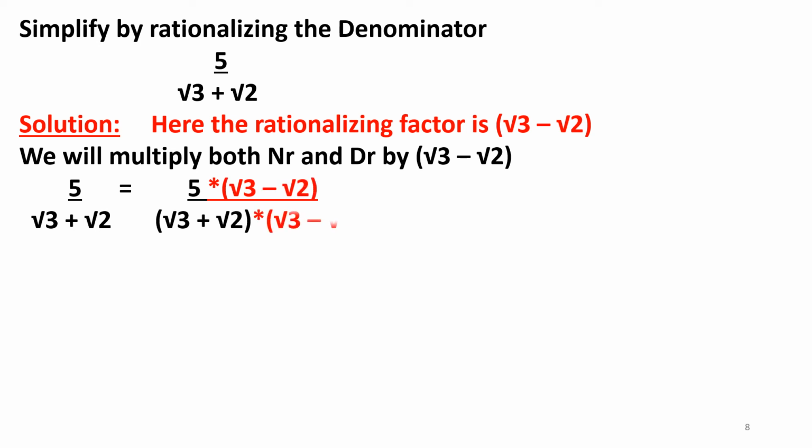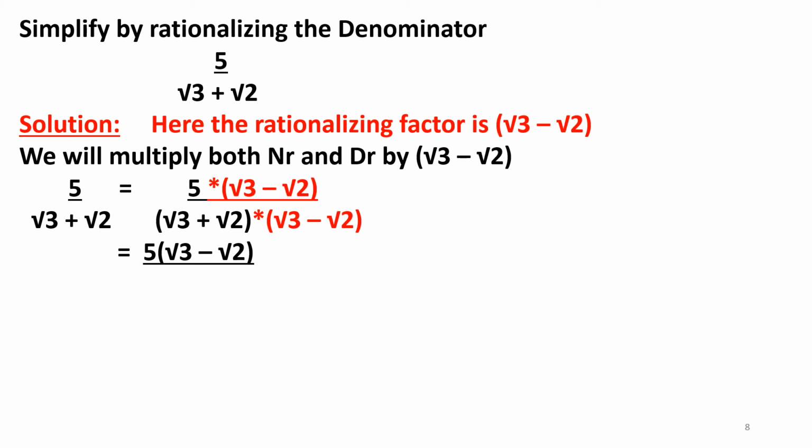Here I have given in red. Numerator we need not multiply, leave it as it is: 5 into root 3 minus root 2.